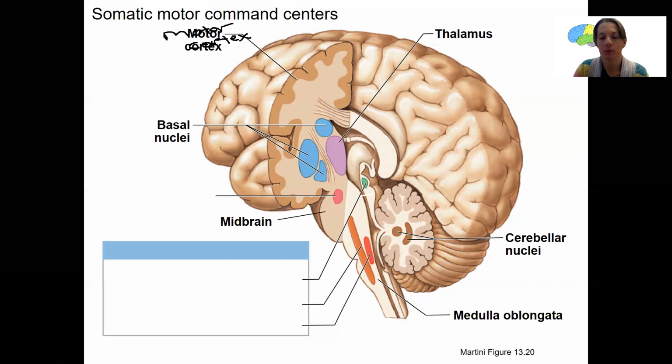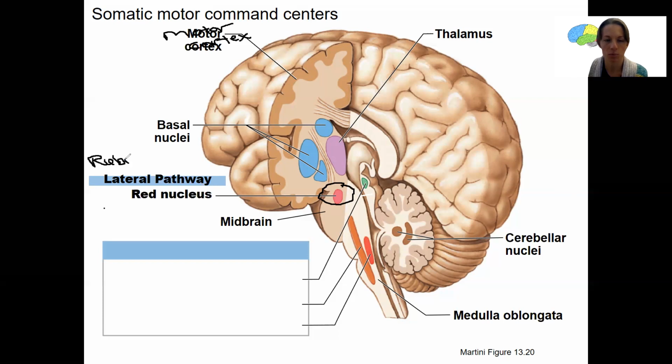So for example, what might this red nucleus be in the midbrain? Well, it's the red nucleus. So this is going to be the nucleus that controls the lateral pathway, which is also called the Rubrospinal Pathway. Rubro refers to red.